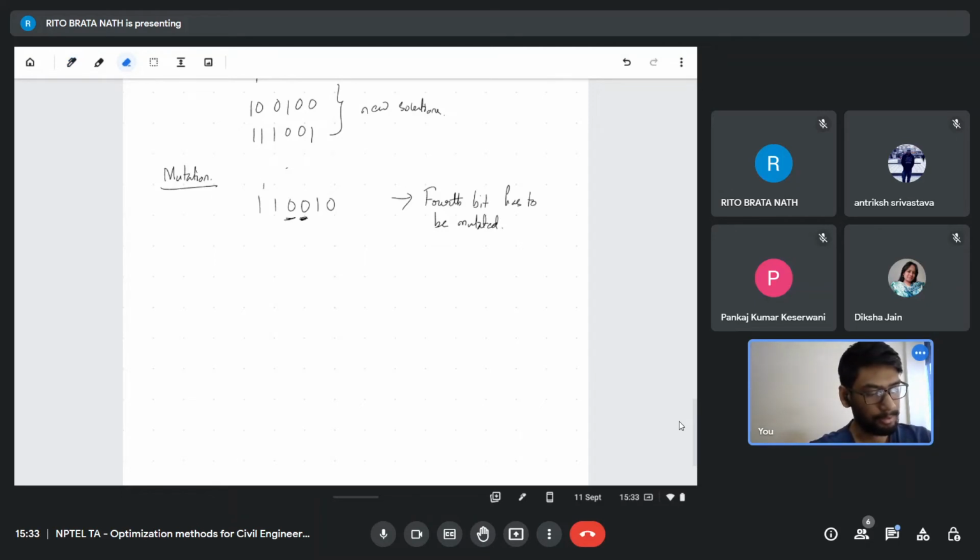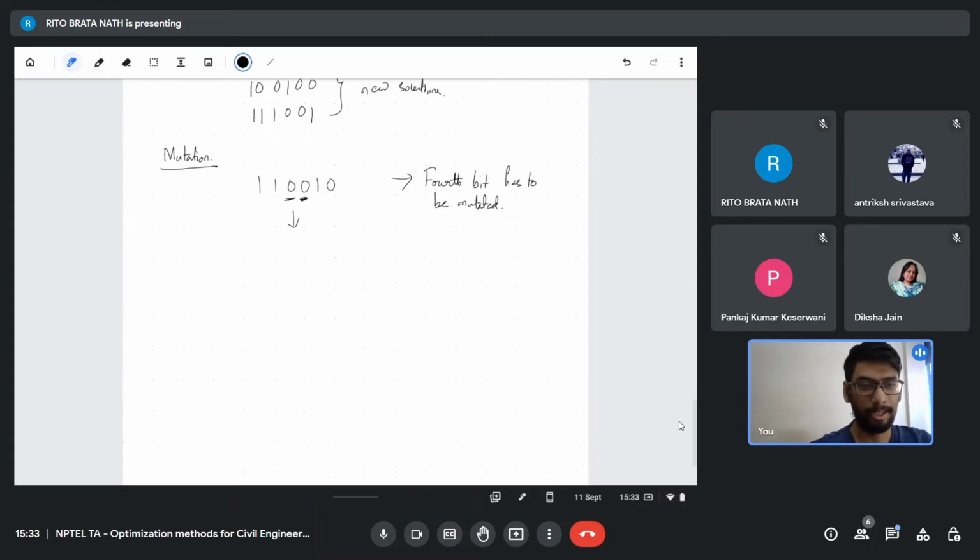So when you do mutation, you just change the bit around. If it was 0 before, you make it 1. Now this one is your fourth bit, so this is your new solution.